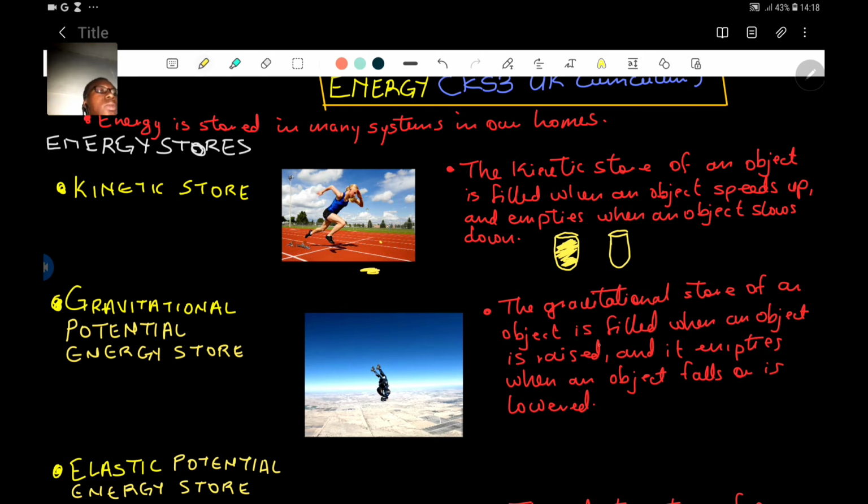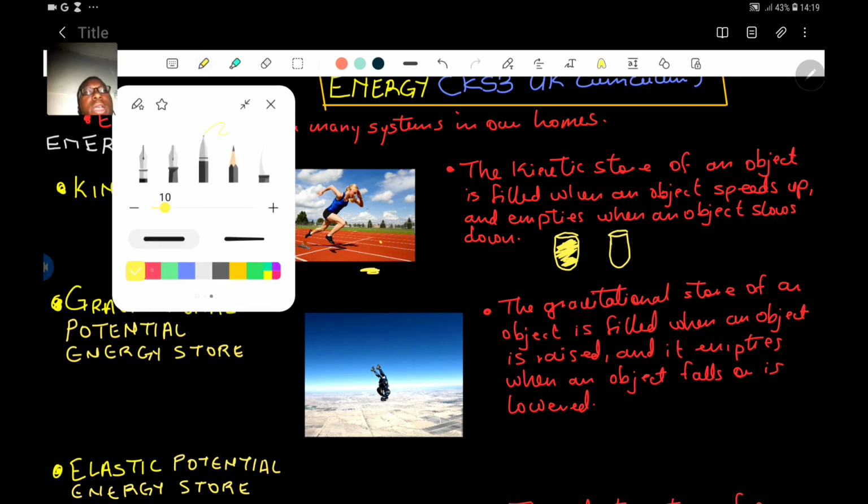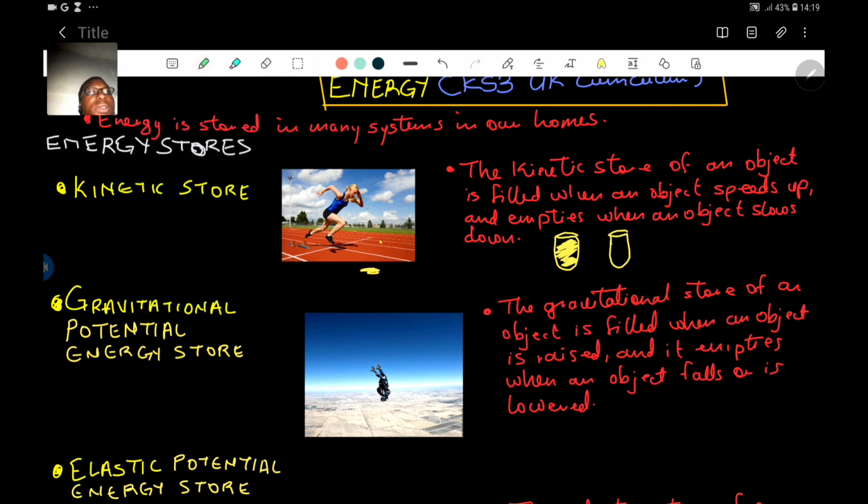We'll go back to our illustration of a jar. The gravitational store of an object is filled up when an object is raised.